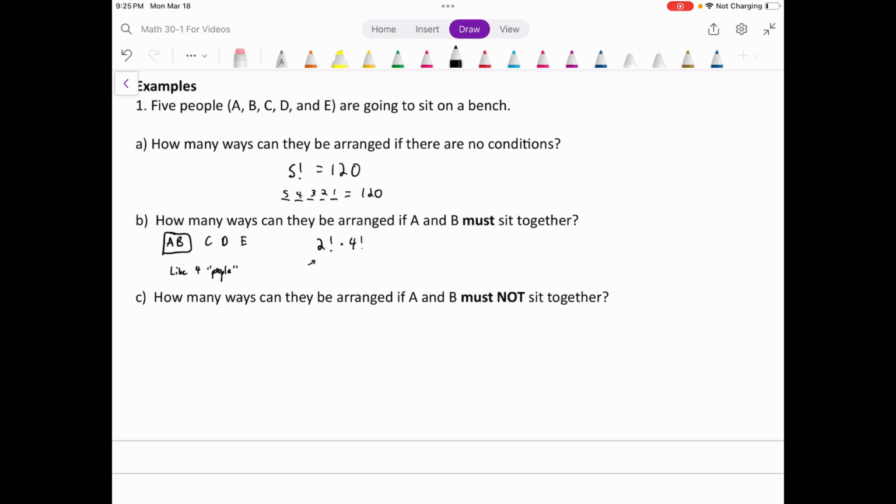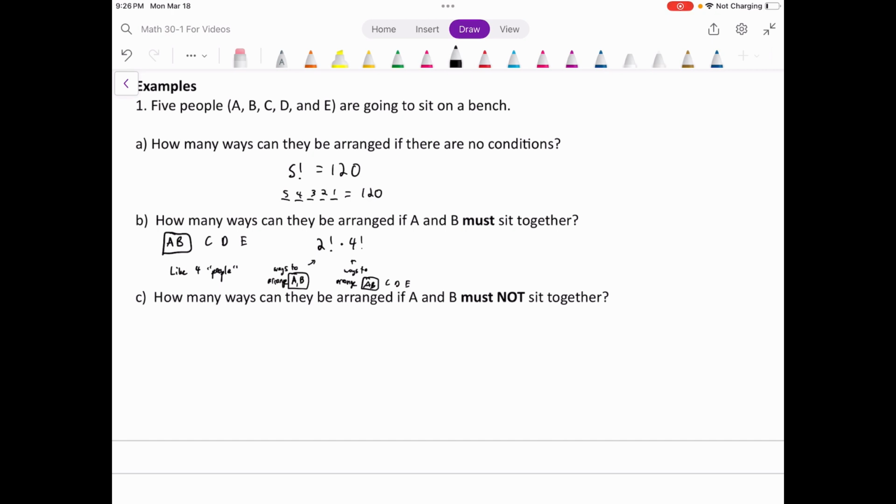This is the number of ways to arrange the AB within that group, okay? And then this is the ways to arrange A, B, C, D, E, okay? So we got 2 factorial times 4 factorial.